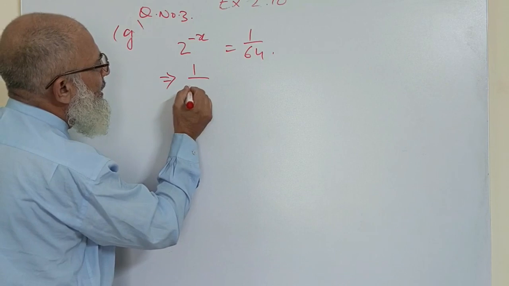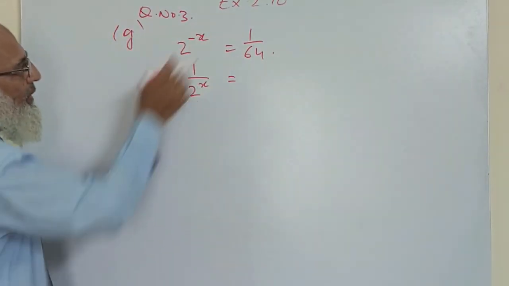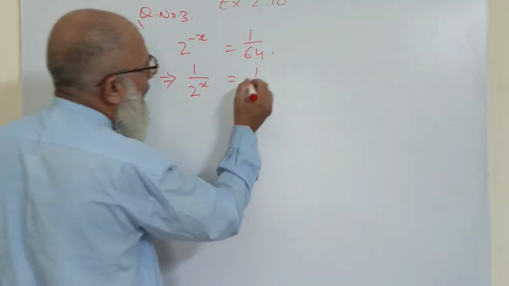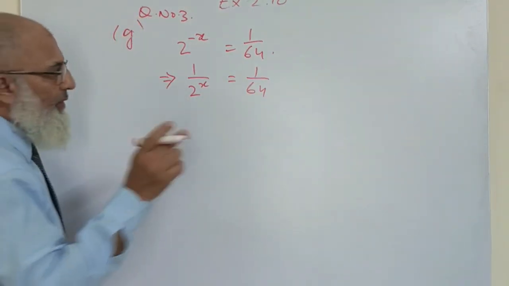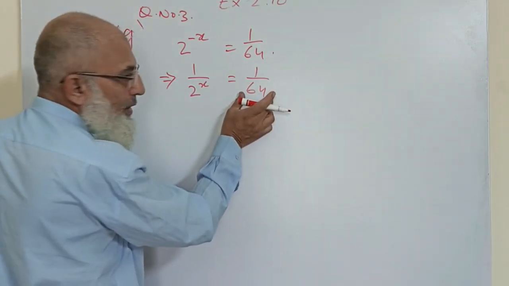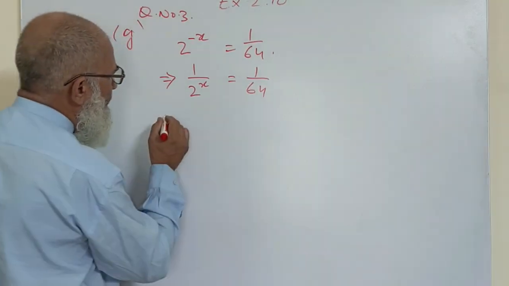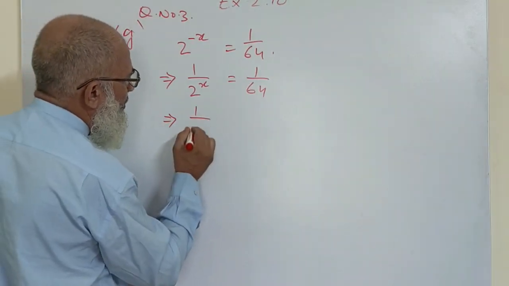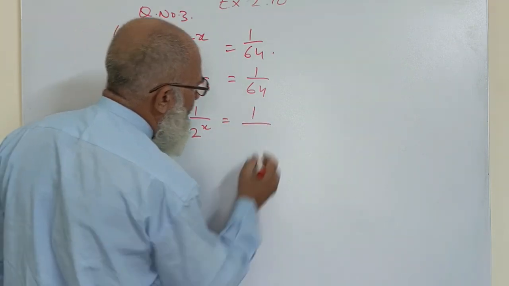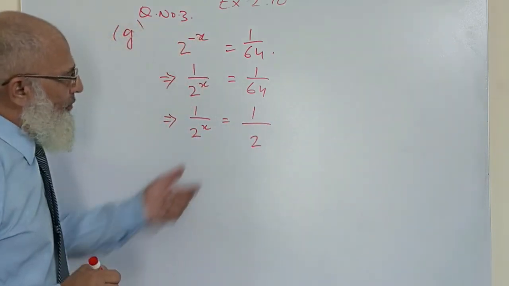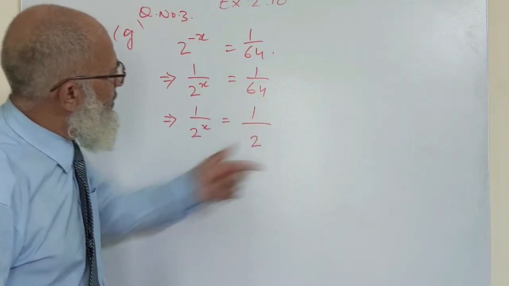You can easily take it to the denominator like this, 1 upon 64. And you know what we did in our last question, that we broke this down, and it will become 2 and 2. We have taken the same base now.